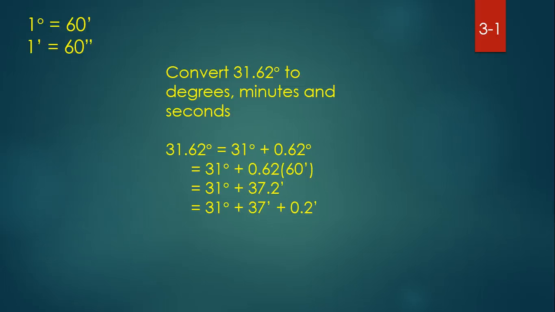Each minute is 60 seconds. So we have 31 degrees, 37 minutes, and 2/10 of 60 seconds. 2/10 of 60 seconds is 12 seconds. So 31.62 degrees is the same thing as 31 degrees, 37 minutes, and 12 seconds.